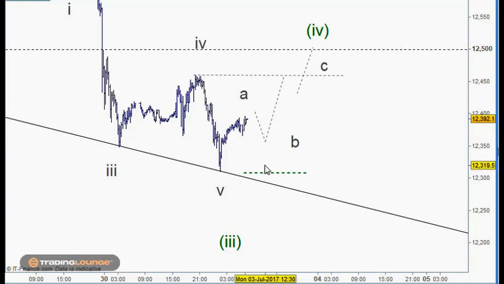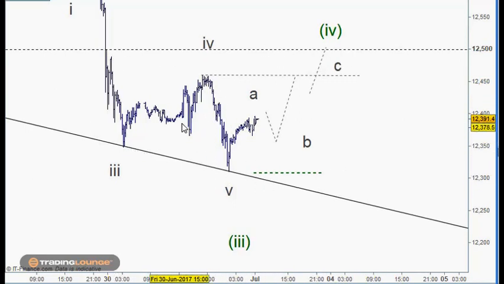We can also get an idea that this is the previous wave 4. And because this one is a bigger degree, we can expect this pattern to be 60% bigger than this wave 4 here.